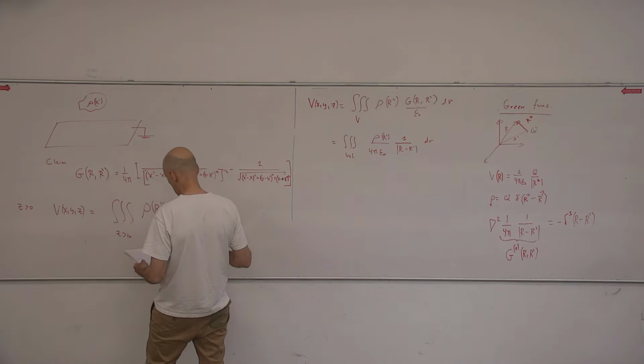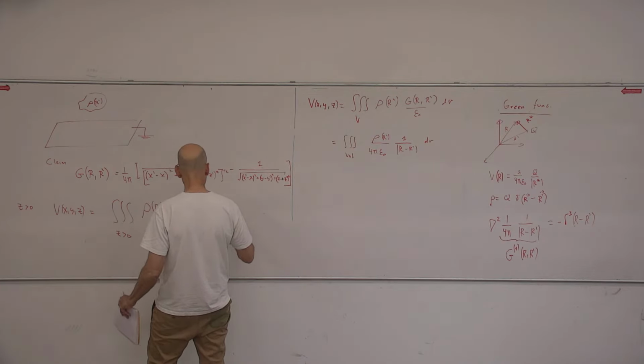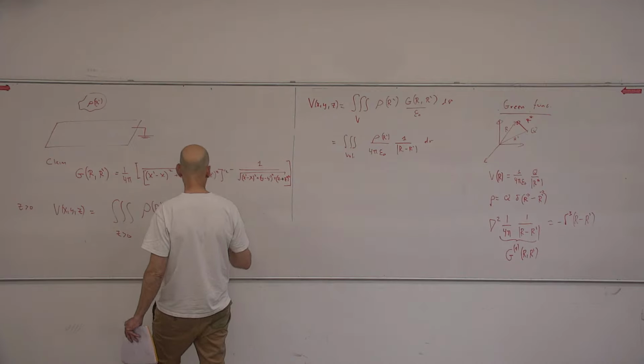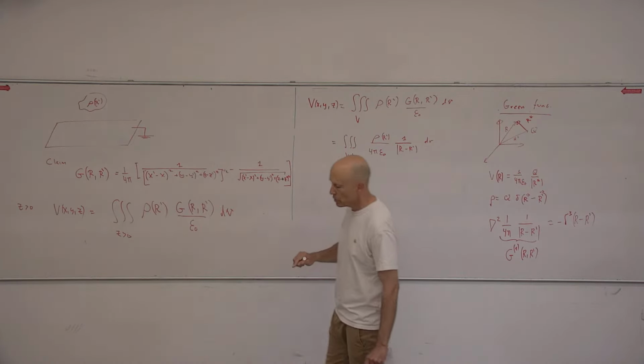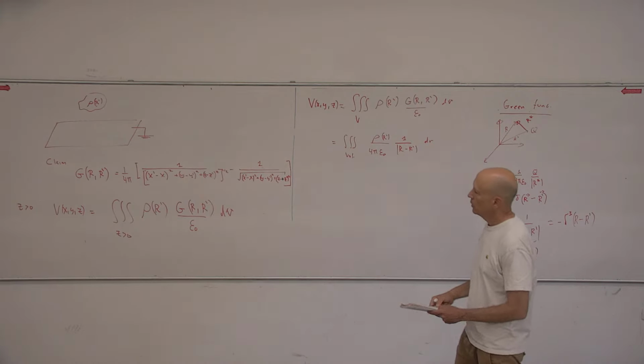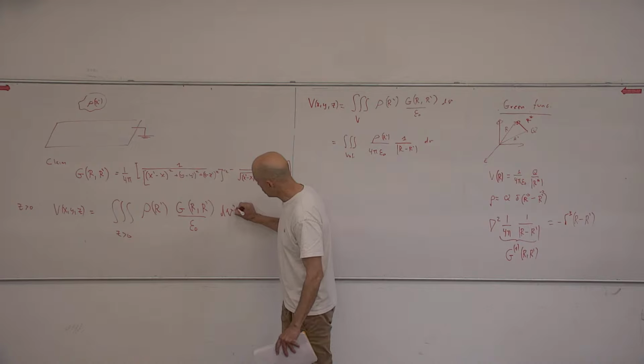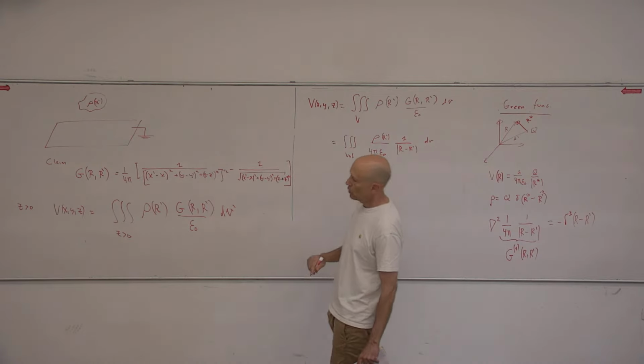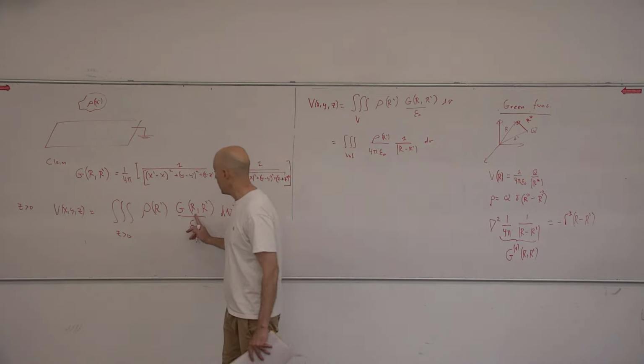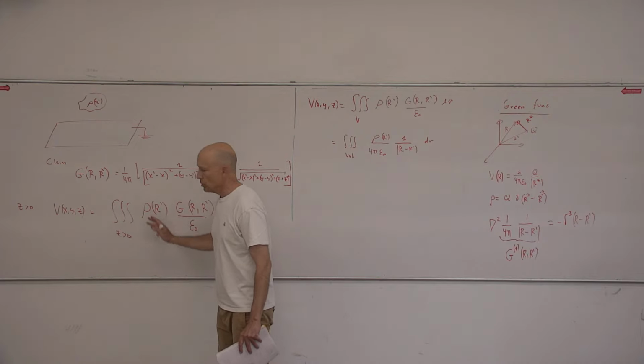Epsilon 0. Here I call it dv; in Griffiths it is d tau. The integration is over r prime. So the solution depends on r, and this is the solution.